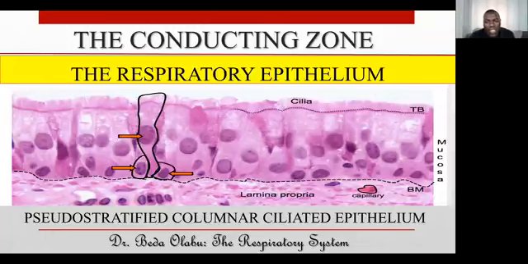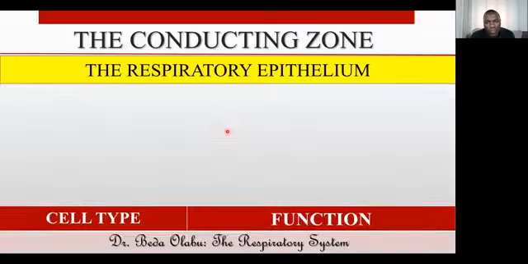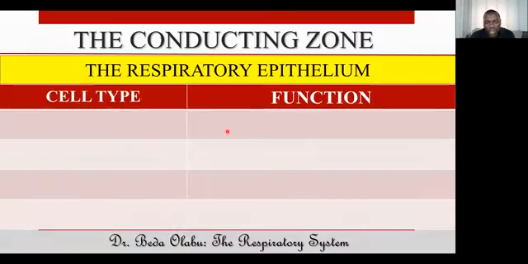Anyway, what are the cell types in this epithelium? We have a number of different cell types in this epithelium, and those cells have different functions. The majority of the cells are those columnar cells, which contain cilia on their top.